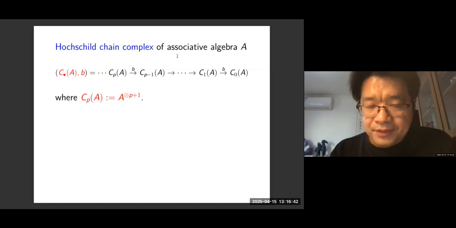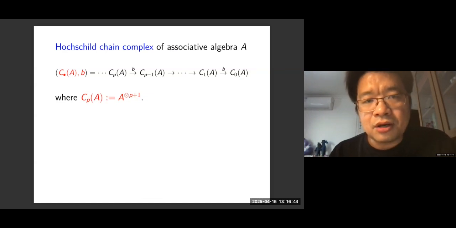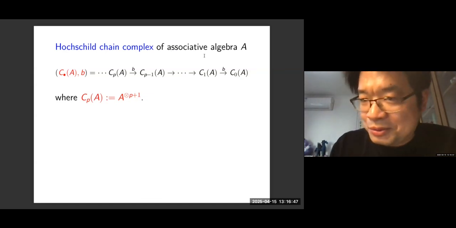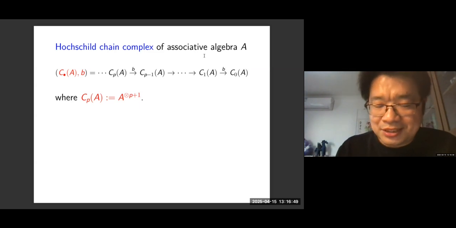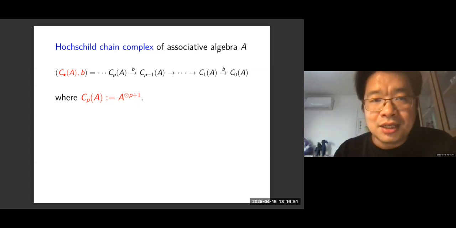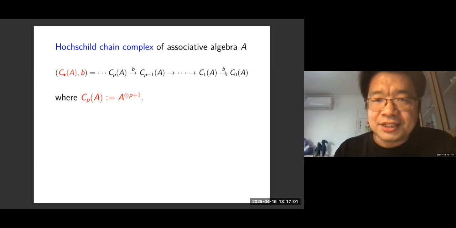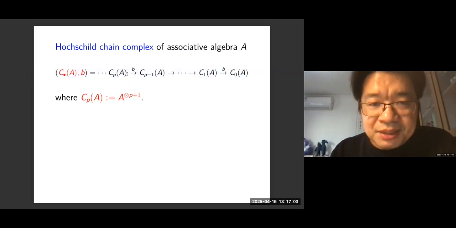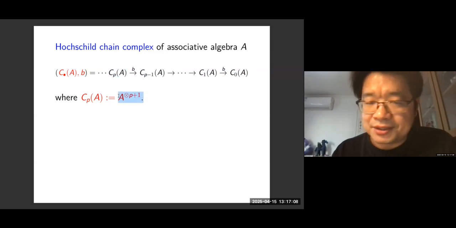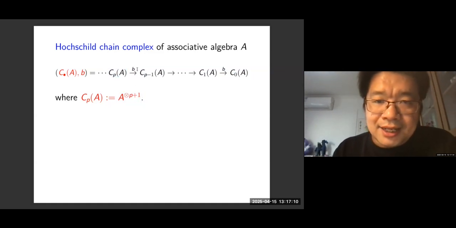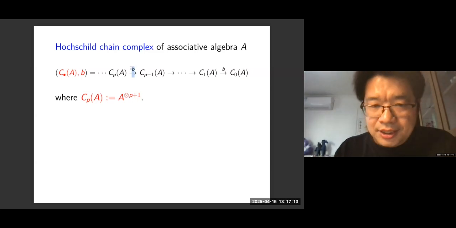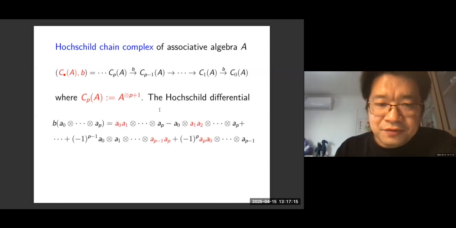First let me explain the so-called Hochschild homology. I guess most people know this, but let me still quickly review what it is. Suppose A is an associative algebra. Then we can write down an interesting chain complex as follows. The pth component of this chain complex is given by the p plus 1 tensor power of A. And then there's a differential here, called the Hochschild differential.